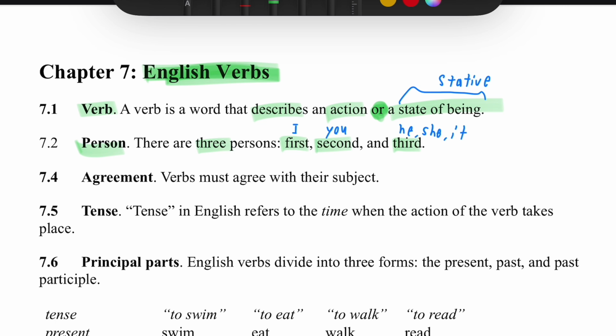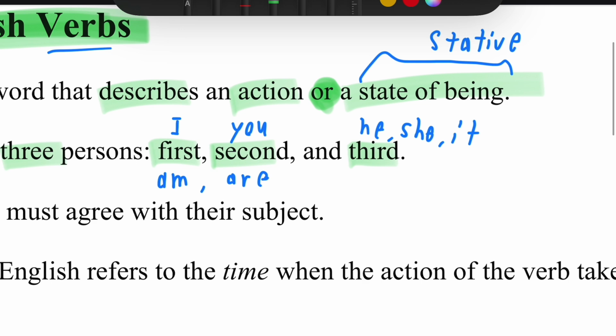And an example of the way that these words inflect, a verb specifically inflects. If you take the word for being, you would say, I am. But that same word, if you try to say it in the second person, you would not say you am. You would say you are. But then also, if you get to the third person, you wouldn't say he am or he are.